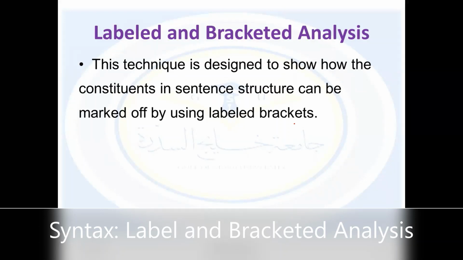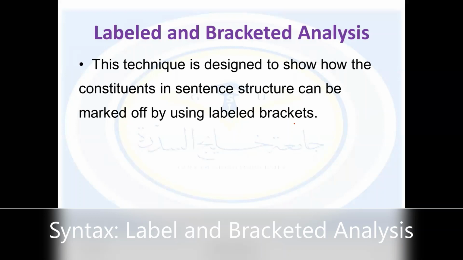So you will think of it also as a technique similar to constituent analysis, okay?